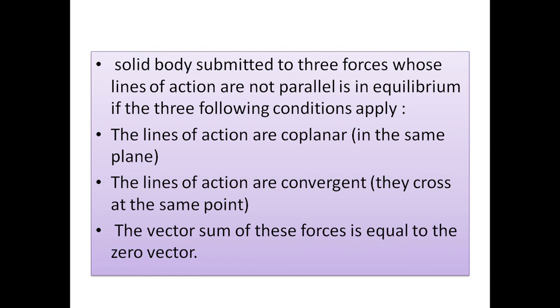Now we are going to discuss the three forces that are not parallel, the way they are in equilibrium. The lines of action are coplanar, in the same plane. I am going to explain. The lines of action are convergent. They cross at the same point. The vector sum of these forces is equal to the zero vector. What is it? We are going to discuss.